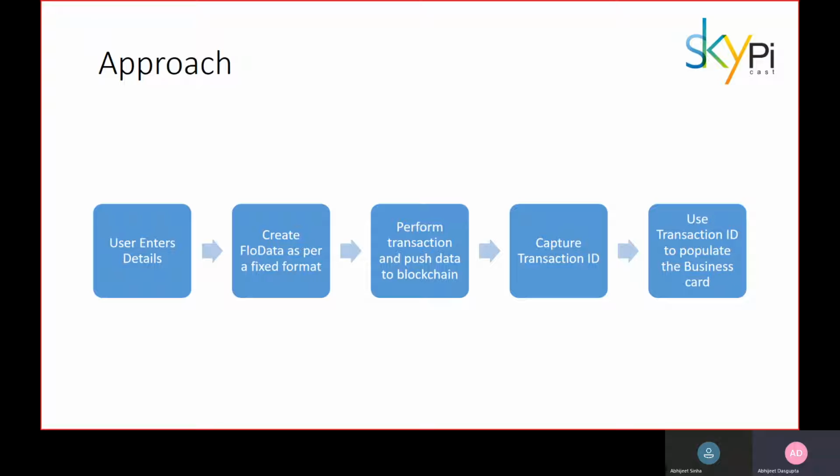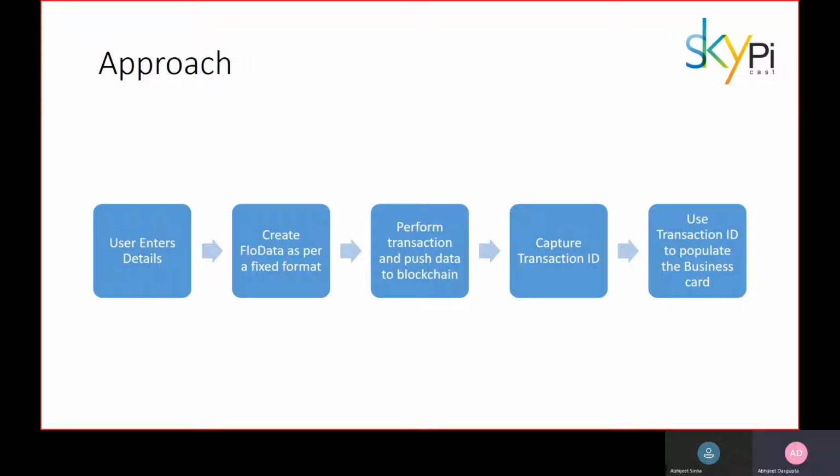Each and every field value, like the name, the designation, the organization, telephone number, mobile number, and the image URL, we then place in a placeholder of the flow card or the B card application that we create. So this will be a completely dynamic application wherein the entire data will not be stored anywhere on a local server or any database. The entire data will be stored directly on the blockchain, and the data will be retrieved from the blockchain also. So this is something that we intend to do.